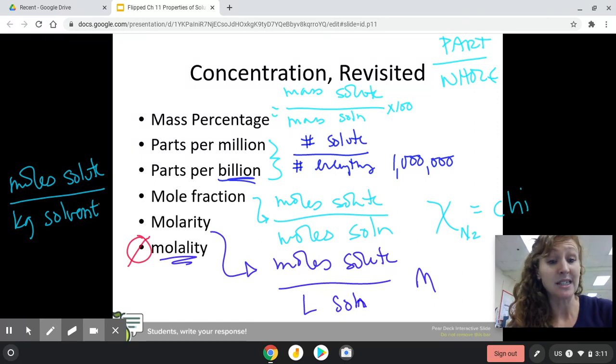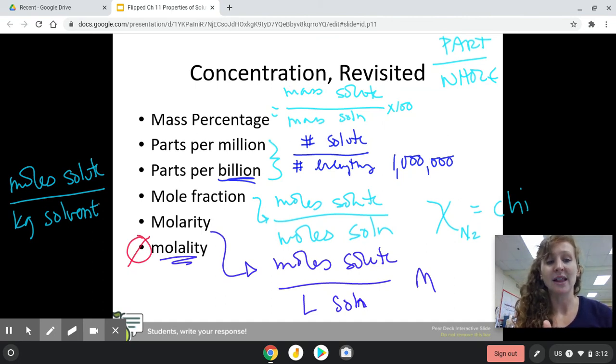Okay, so it's pretty similar to molarity. Moles of solute is in the numerator for both of them. The denominator for molarity is a total. Notice it's liters of solution. The denominator for molality is another part. It's not kilograms of solution, it's kilograms of your solvent.